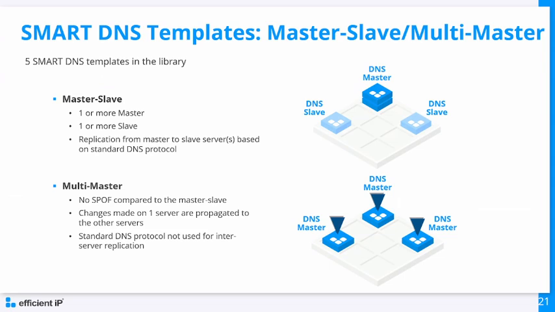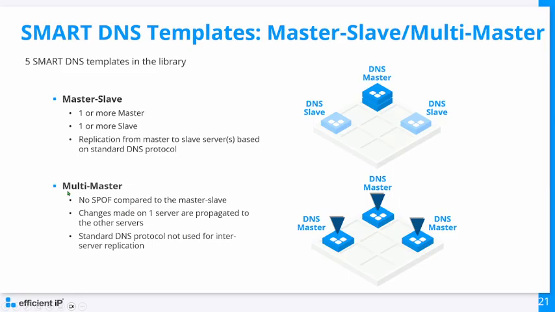So in case you lose the master, the slave can be used to serve the query. So this is something like high availability. Understand that, right? Using master-slave architecture, this is one of the very common architectures used for managing multiple DNS servers, right?